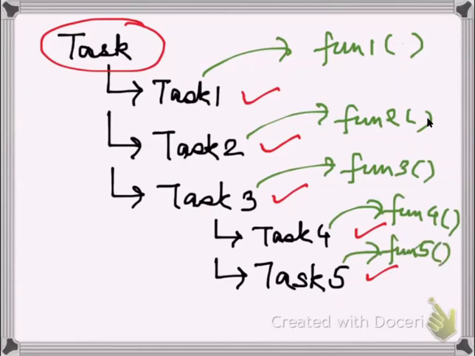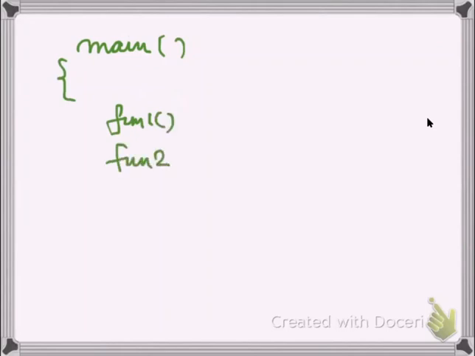Now, if you look at the hierarchy, it is going to be something like this. Somewhere you will have a main function. Let me write it in a different way. Inside the main function, you are calling function 1, you are calling function 2, you are calling function 3.